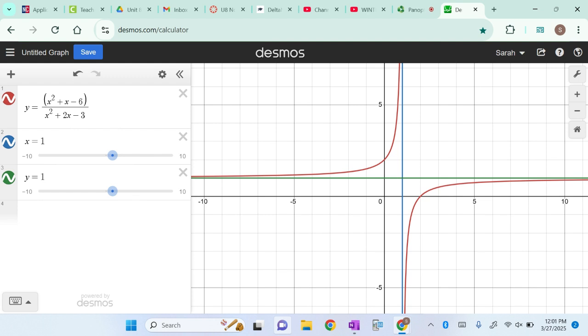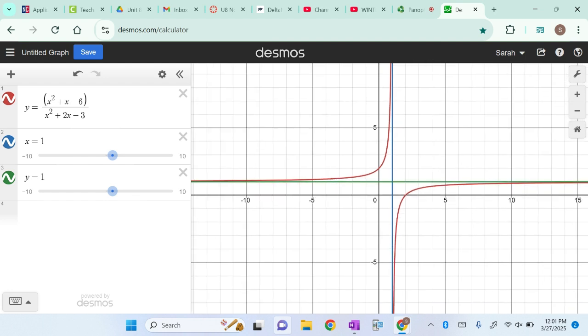Now, I want to look where my hole is. So Desmos doesn't graph your hole, but the way you figure it out is that if you ran your pencil along the graph, what x value did we have a hole at? When x equals what? -3. So I'm going to put my pencil right on top of where it says -3.